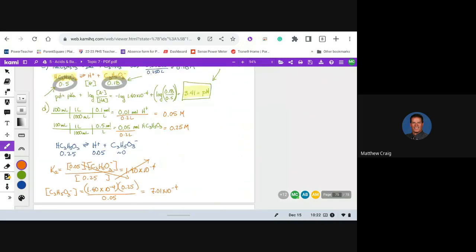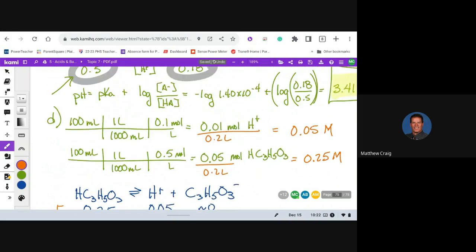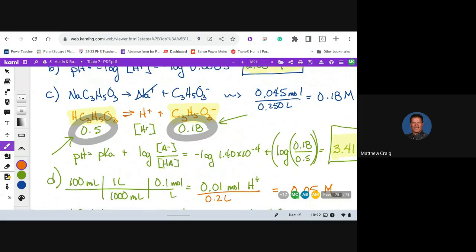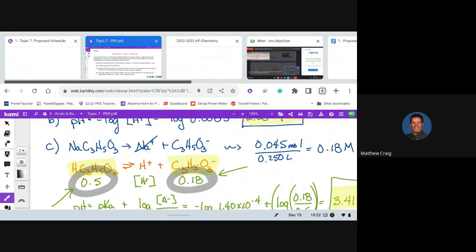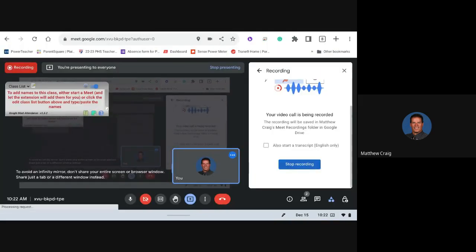And that's why I only showed the E step here, at equilibrium. Any others on this question? I think we had something very similar to this earlier. Okay, so let me stop this one and start another one.